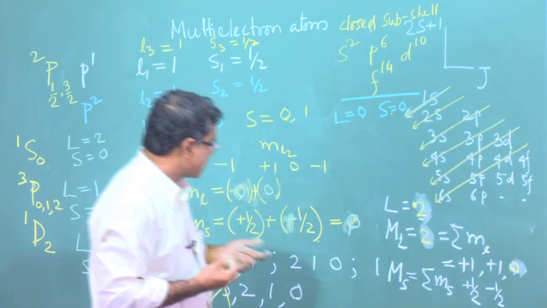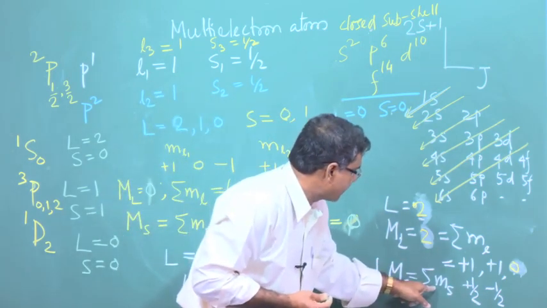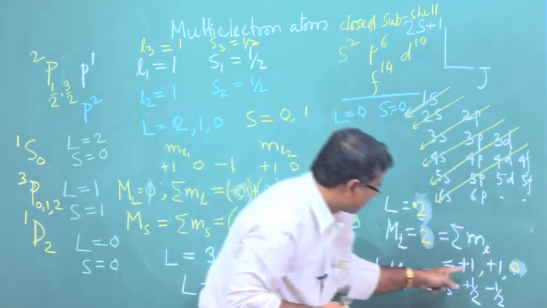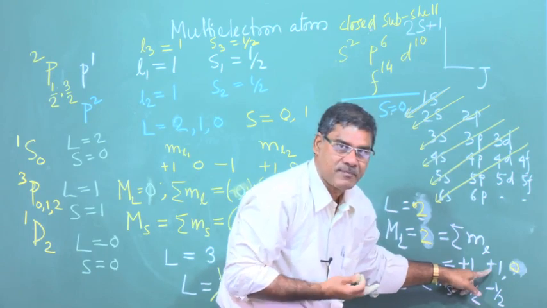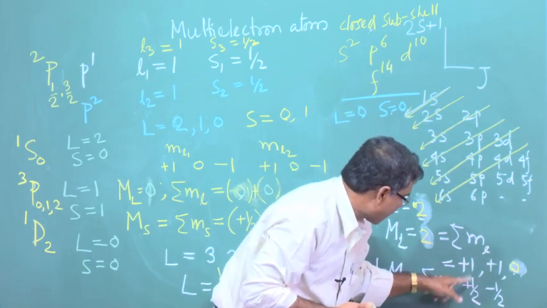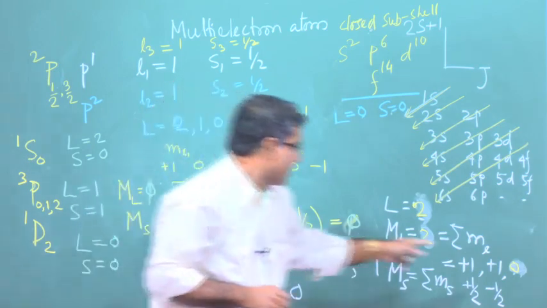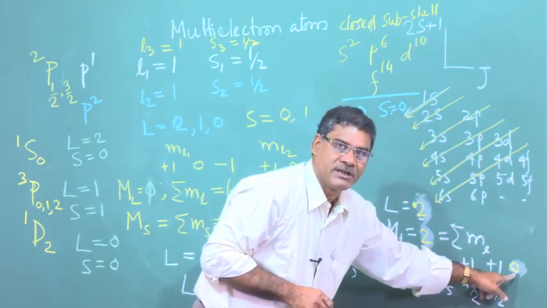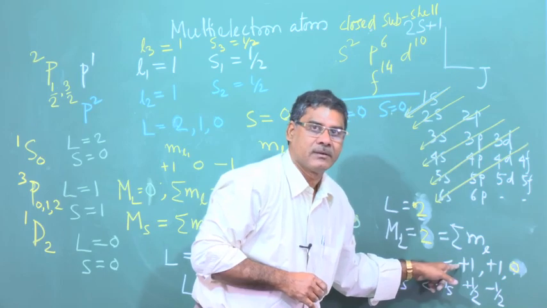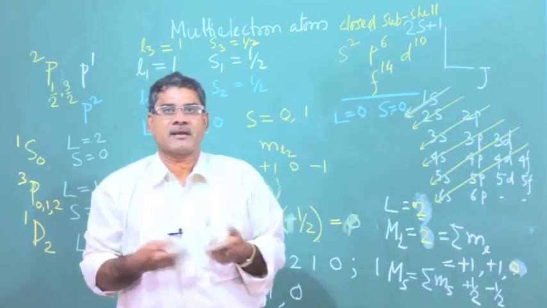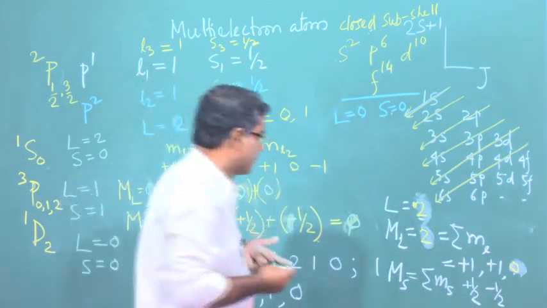Then I have to put 3 MS values. You see, these two have the same ML value, so I will put plus half and minus half, fine. Now this ML value 0 is different from the other one, so I can put either plus half or minus half.